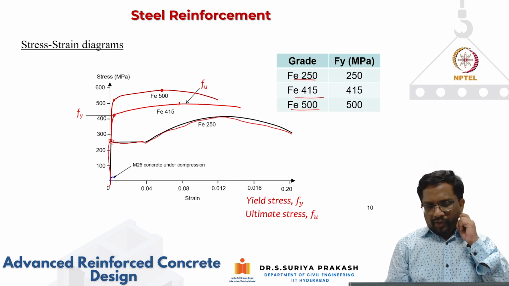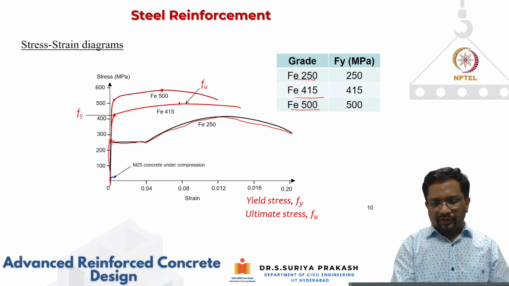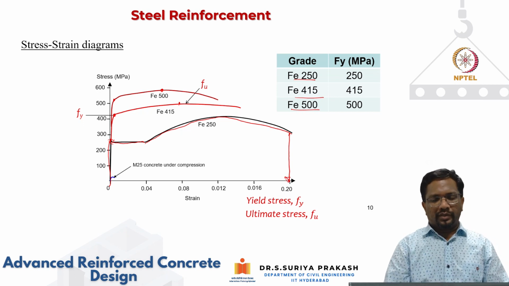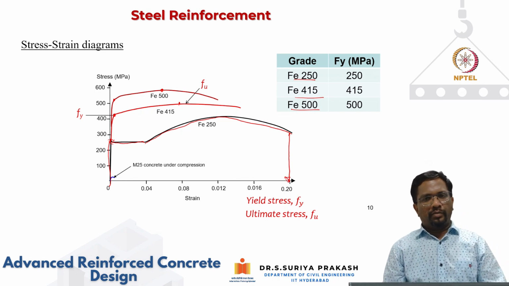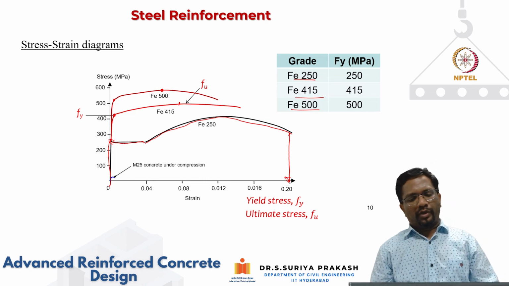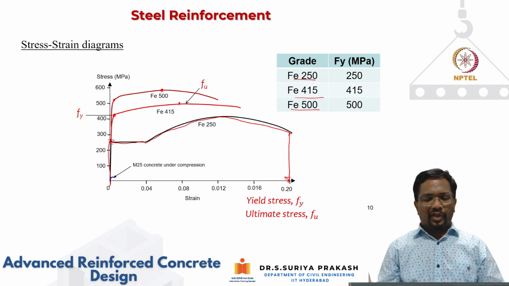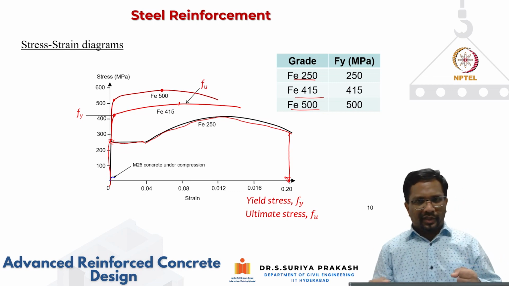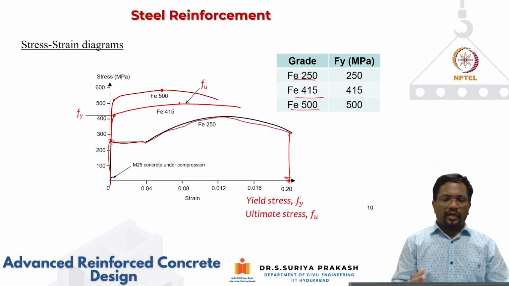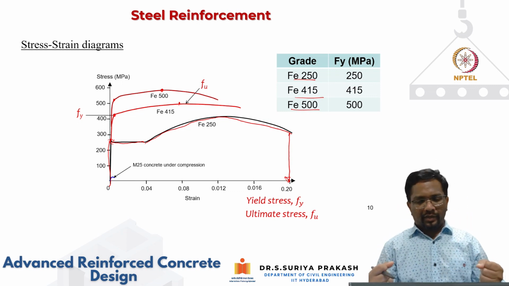Another important point to note here is mild steel. The strain at failure is usually expected to be from 0.18 to 0.2, or in other words the strain ranges from 18 to 20%, which is a very large strain. It really stretches like a rubber band.